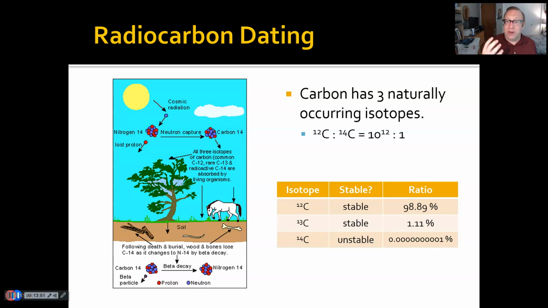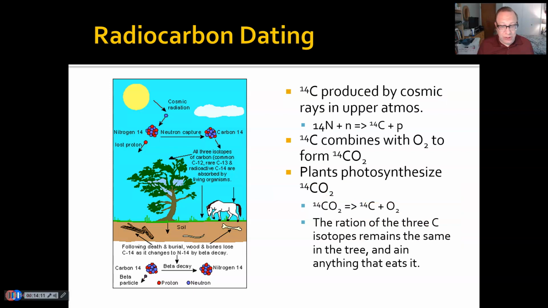So that's the trick. We know that while an organism is alive, its ratios of C12 to C13 to C14 are the same. Once it dies, however, it stops acquiring new C14, and instead, that C14 will decay into nitrogen-14.